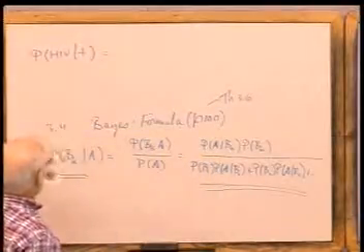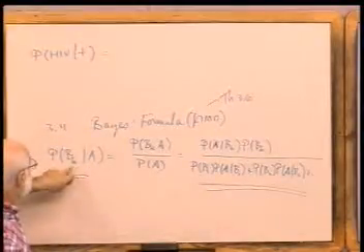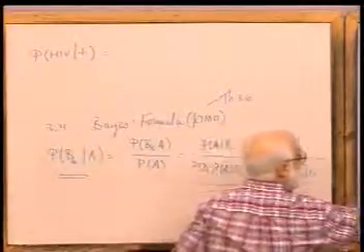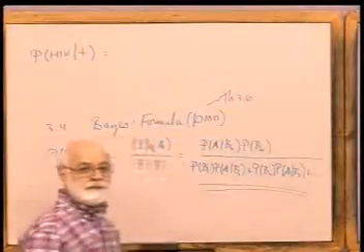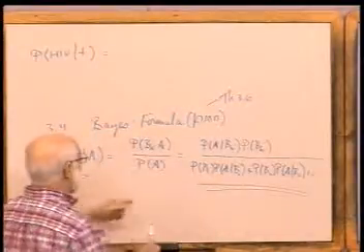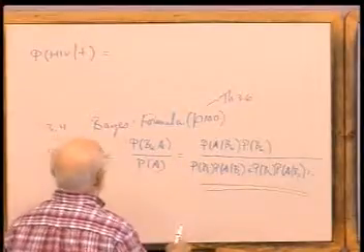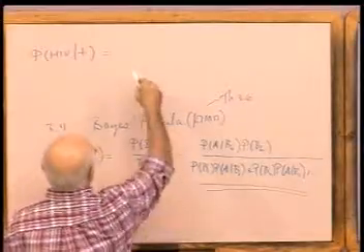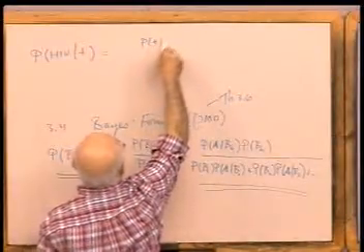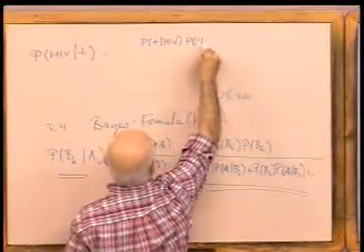So in this case, the event A is positive, and the partition is infected with HIV or not infected with HIV. So there are two events in the partition. So it is easy to write the formula now. In the numerator, I have the probability of positive given HIV times the probability of HIV.